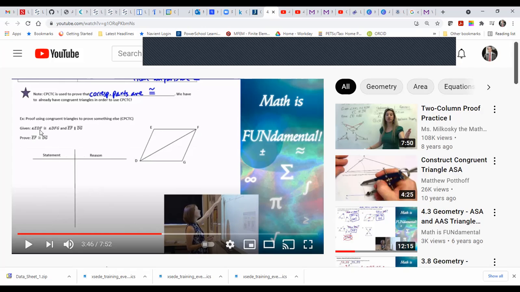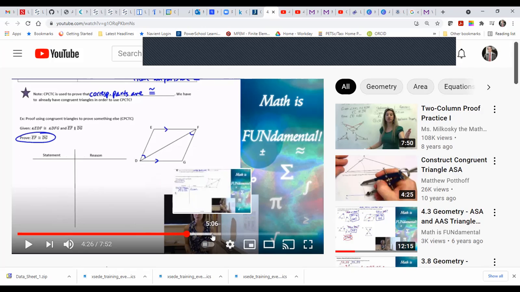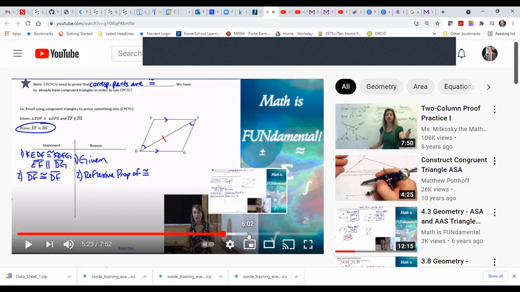Yeah, first we have the triangles congruent, right? And then it's given AF parallel to TG. And now we need to prove EF congruent with DG. So this is the step that we need to do.